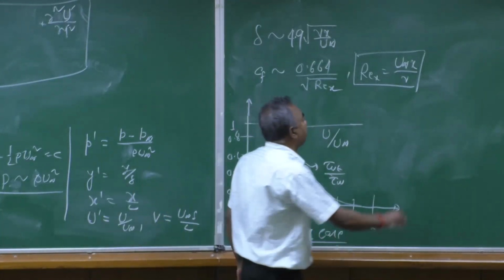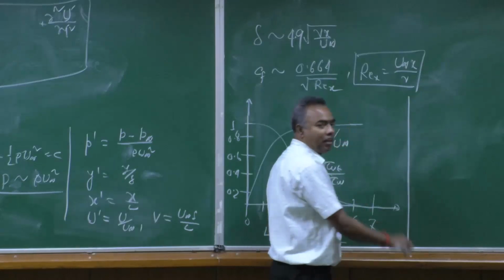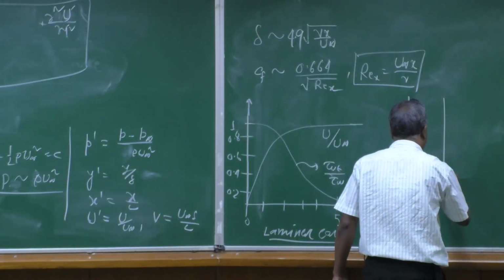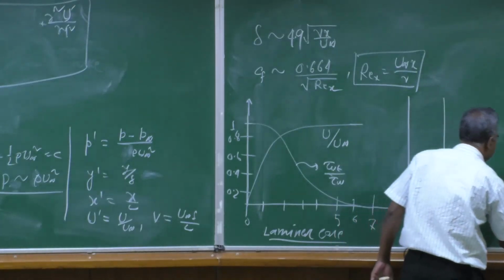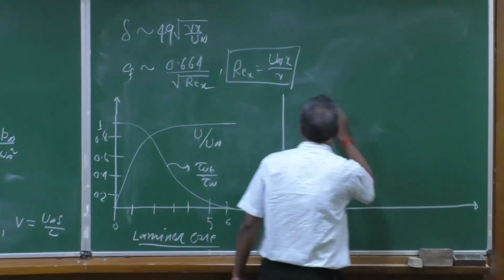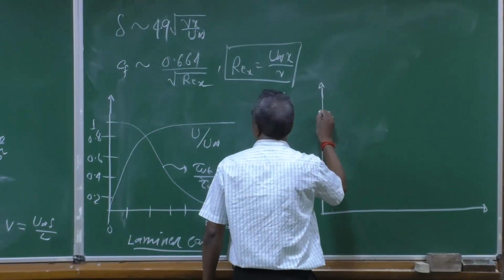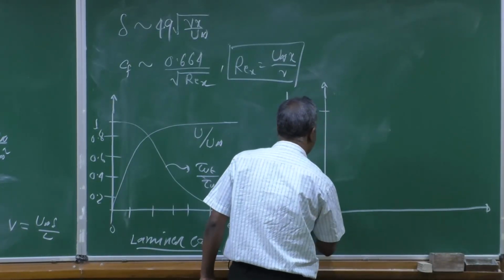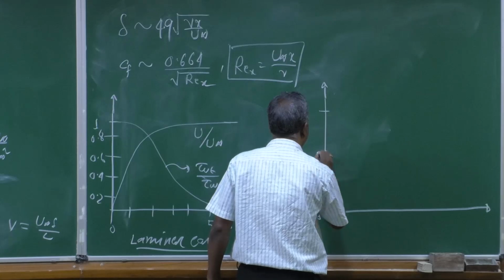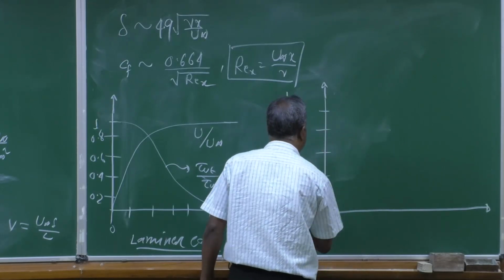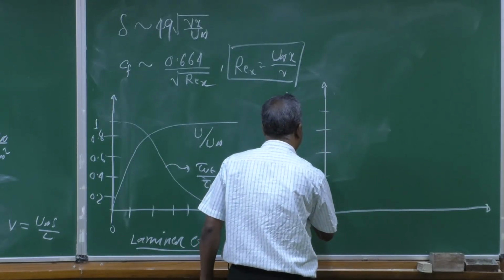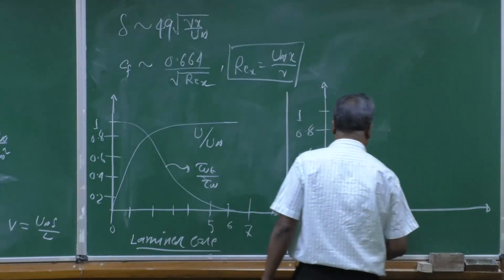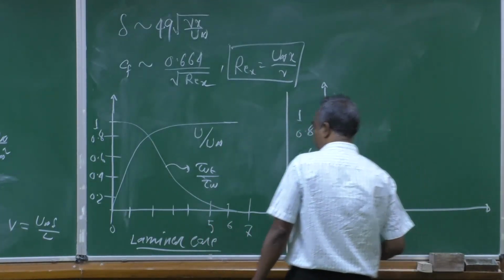And if you consider the similar variation for the turbulent case, the axis goes 0, 0.2, 0.4, 0.6, 0.8, 1.